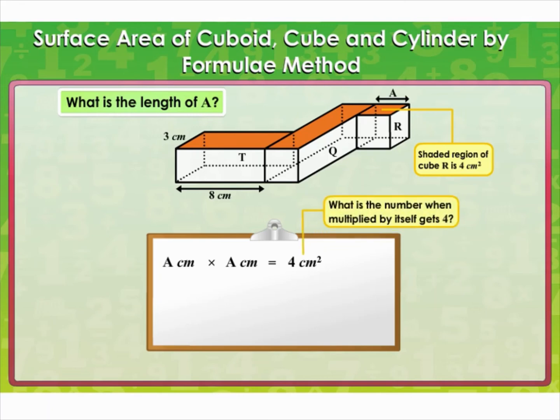Can you think of a number when multiplied by itself gives you 4? Yes, it's 2. Therefore, the length of A is 2 centimeters.